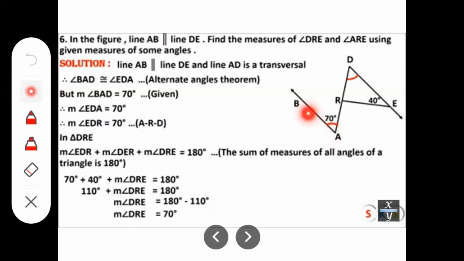This AB, this ray is parallel to this ray DE. Okay, those two are parallel to each other. Now we have to find the measurement of angle DRE. Okay, where is DRE? DRE and ARE.